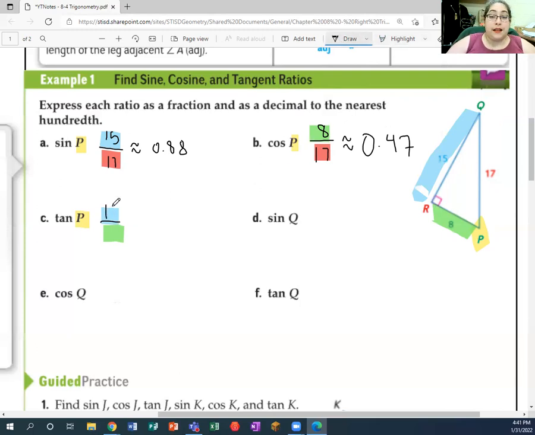All right, opposite angle P is 15. Adjacent to angle P is 8. And 15 divided by 8 is 1.875, which I'm going to round to 1.88. And since I'm rounding, I'm going to put squigglies.